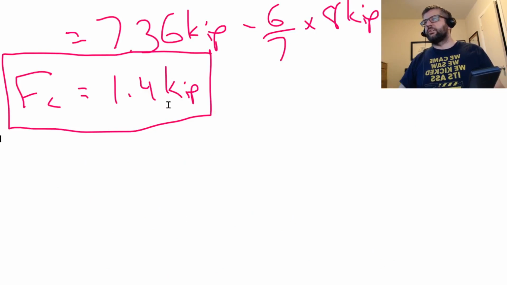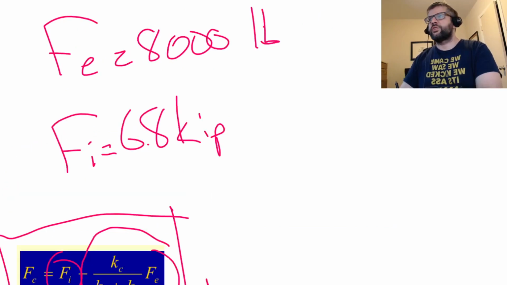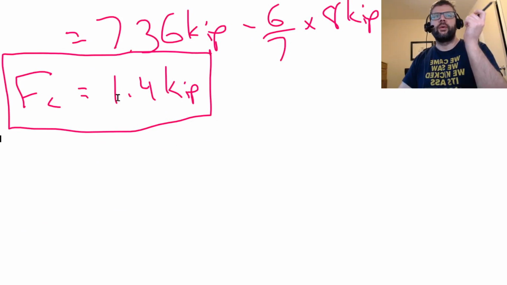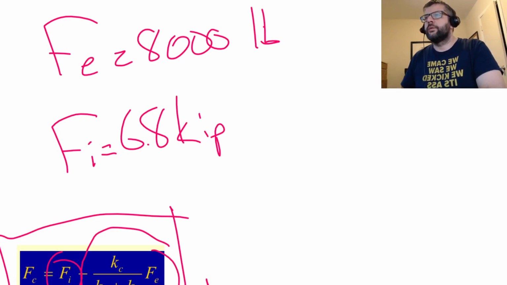So again, that's our loading situation. The 8 kips is resulting in a 1.4 kip compressive load, the joint still being clamped together by 1.4 kips. Compare that to the first one, which is based upon the failure criteria of needing it to be not 0.